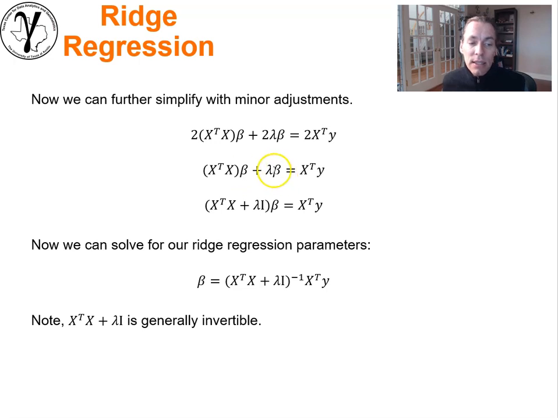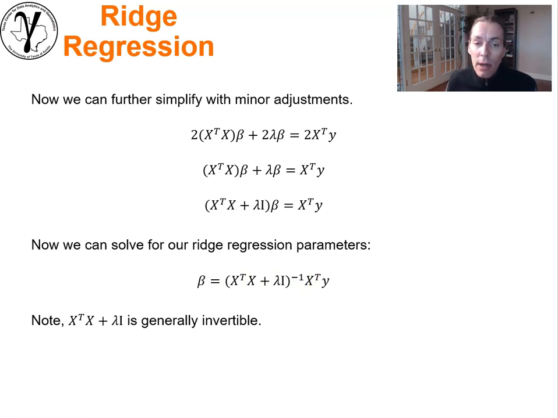Since lambda is a constant, all we have to do is represent it as lambda multiplied by the identity, which is simply a matrix with 1s on the diagonal and 0s otherwise, and we get this relationship right here. To solve for the betas, we just have to take the inverse of this and multiply it by the right-hand side. In general, we expect this component right here to be invertible, so we'll be able to solve for the beta coefficients.